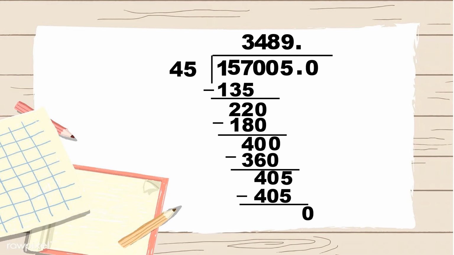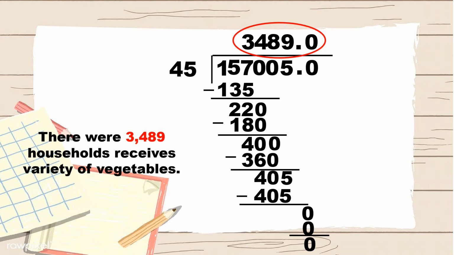Then, bring down 0. 0 divided by 45 equals 0. Then, 0 times 45 equals 0. Subtract 0 minus 0 equals 0. Our quotient is 3,489. So, there were 3,489 households that received variety of vegetables.